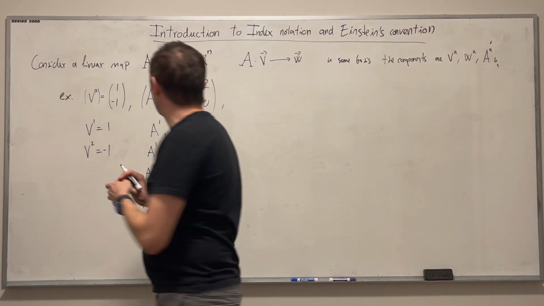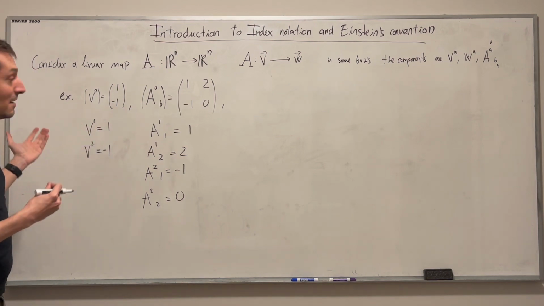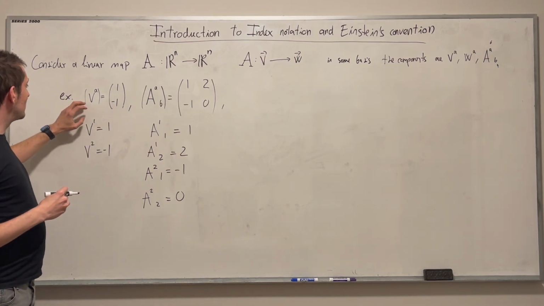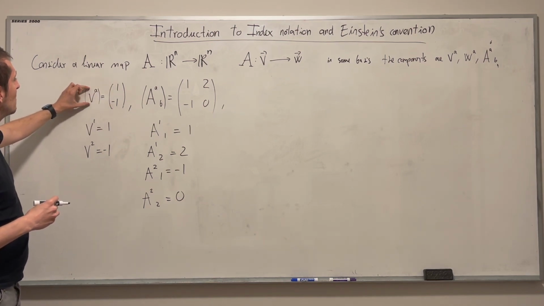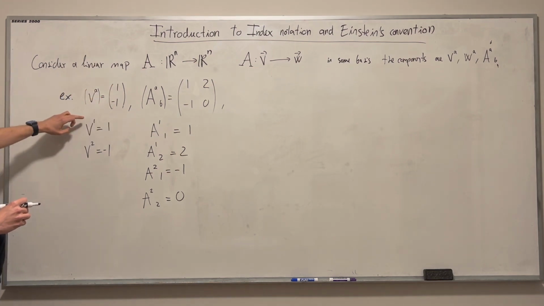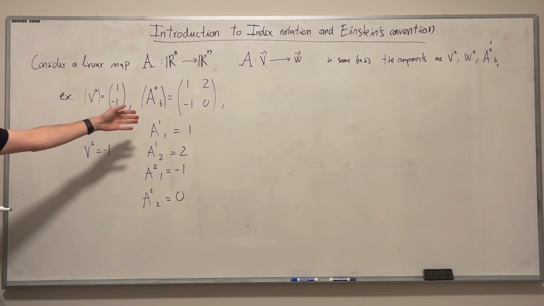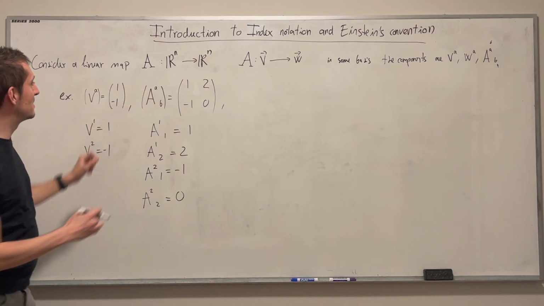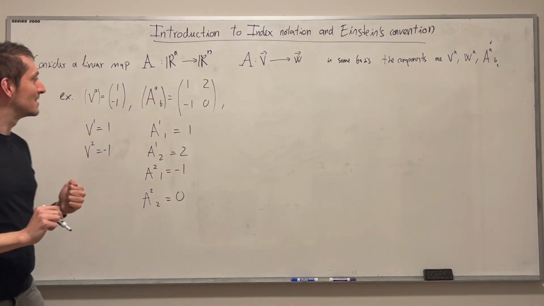Now, as an example, imagine an example in R2, which is very easy to write, even for me. So if I have a vector V^a, look how I am representing the components in a column vector here. It's 1 and minus 1, so that means that V1 is 1, V2 is minus 1, right? And I have a matrix, A^a_b, those are the matrix elements, and I put a parenthesis here just indicating that I'm going to write it as a matrix.